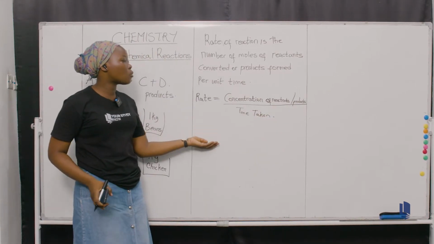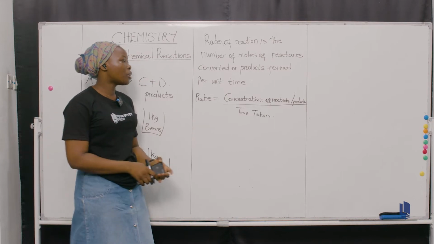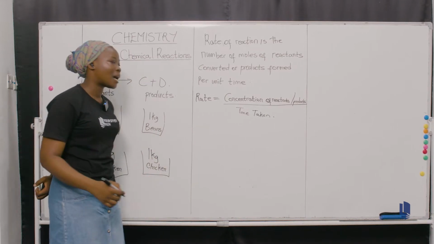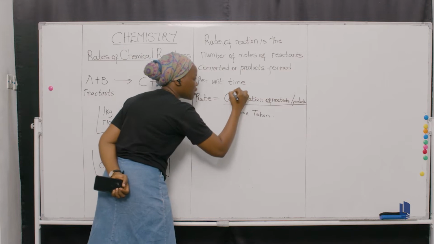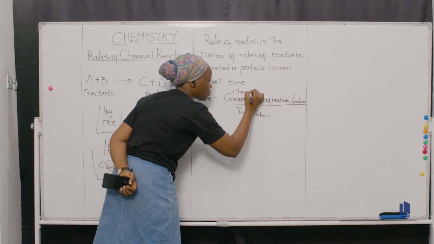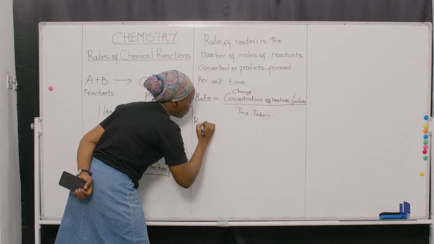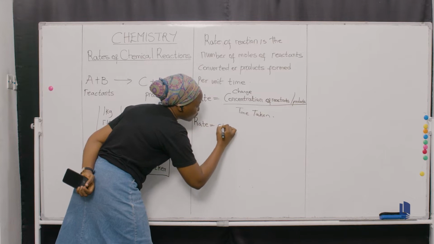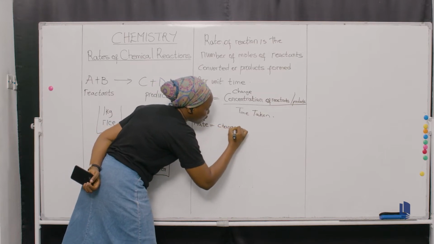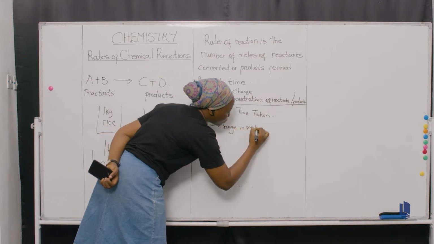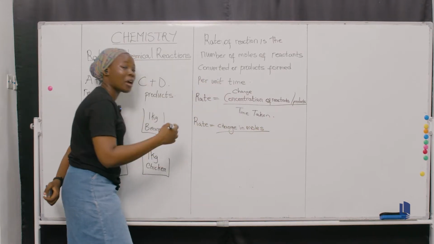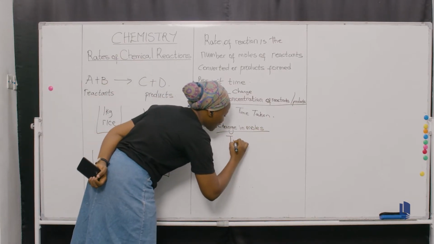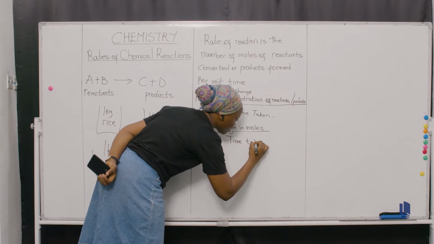You can also calculate rate of reaction involving mass. So it will be the change. This is the change, right? So rate would also mean change in moles of either the reactant or the product over time taken.